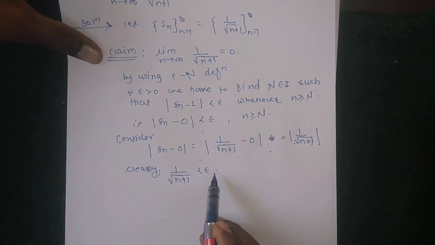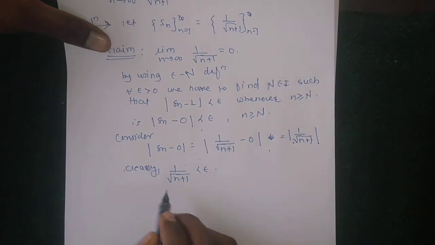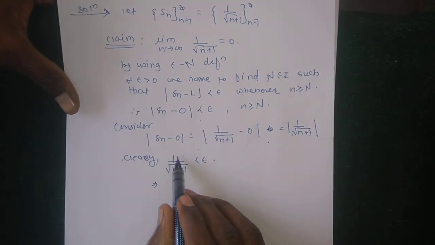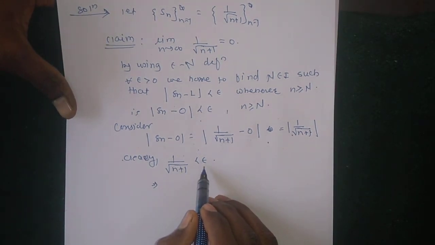Take epsilon as any value, then rearranging this way, 1 upon root n plus 1 is less than epsilon.